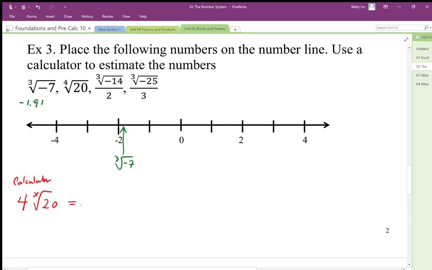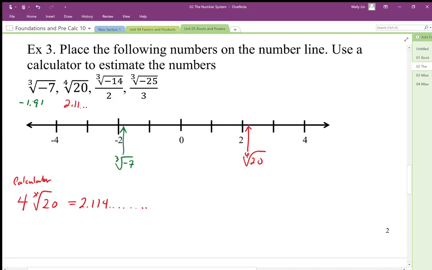That gives me 2.11. So I'm going to put it right about there. So it's going to be the fourth root of 20. Again, this is not what we would ever write down algebraically. This is what it looks like on the calculator. There's our button with the x root, and we put a 4 in front to do that. So there's the fourth root of 20. This is going to be approximately 2.11.